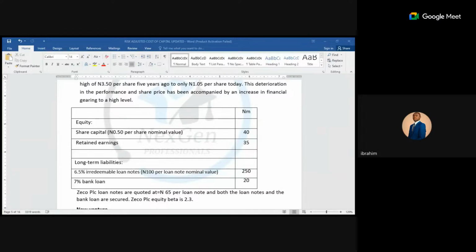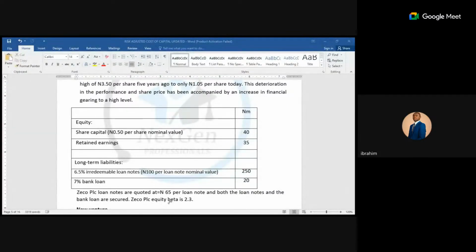Now, are we still together, please? That is how to determine the value. You can see that in this question, the value of debt and the value of equity did not come in the form of a level of gearing, where they tell you the market value of equity, or that gearing is debt over equity, or debt over debt plus equity.